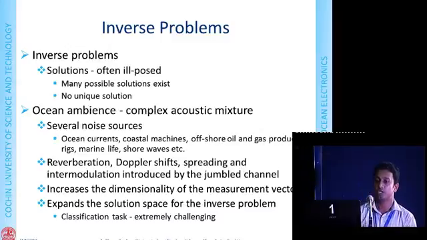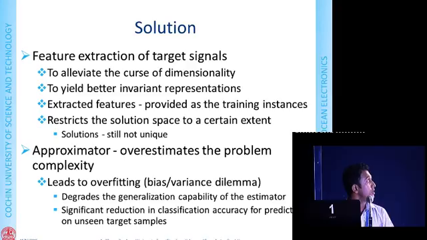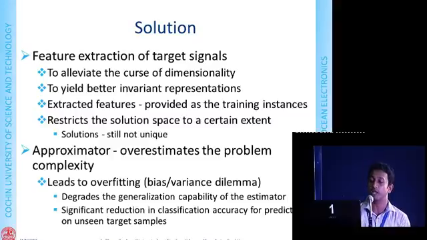What is the solution to this problem? We know that feature extraction of targets can be used to alleviate the curse of dimensionality and to yield better invariant representations for the signal. And these features are provided as inputs for a classifier. Although this can be a solution to a certain extent, these solutions may still not be unique.